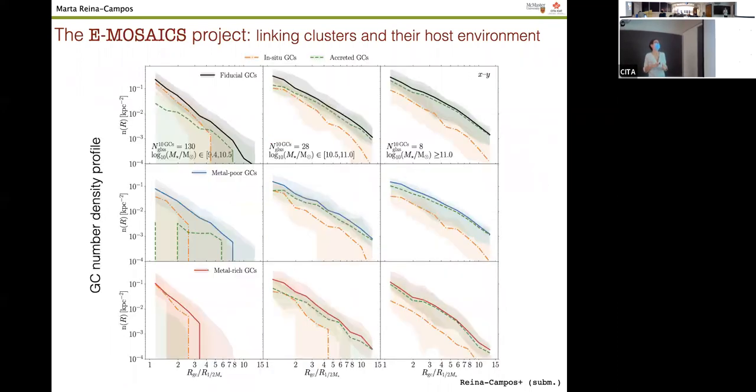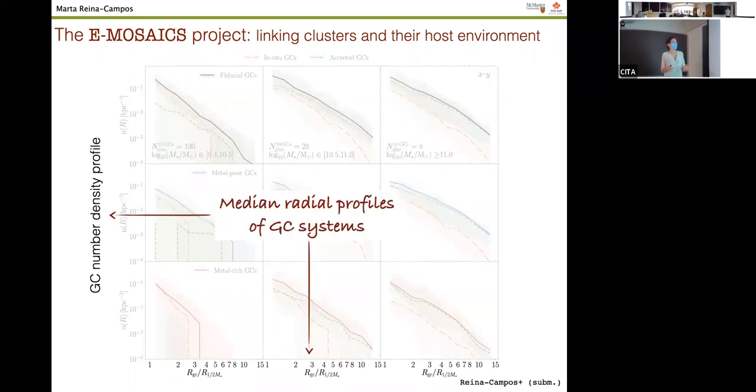We can go forward. The next thing we can look at is what the radial profiles are of the different populations that have formed either in situ or accreted. This is a very overwhelming figure, so let me just walk you through it. What we're looking at is the median radial profiles of globular cluster systems on the vertical axis as a function of the galactocentric radii normalized by the stellar half-mass radii of each galaxy, so that we can compare galaxies of different masses.